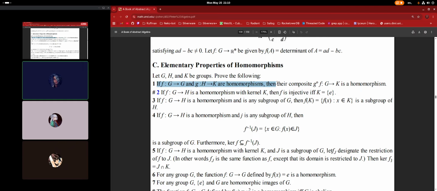Wait, is composition a homomorphism all the time? I mean, they are functions. You can compose functions. So the only question is whether they would preserve the fact that they are homomorphisms. I'm pretty sure they do in general, actually.